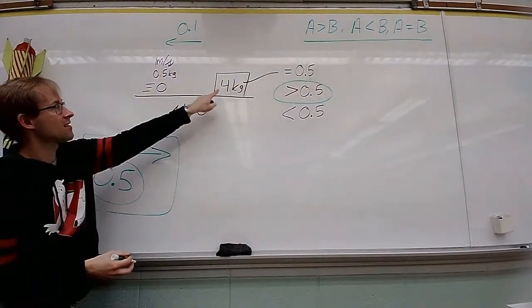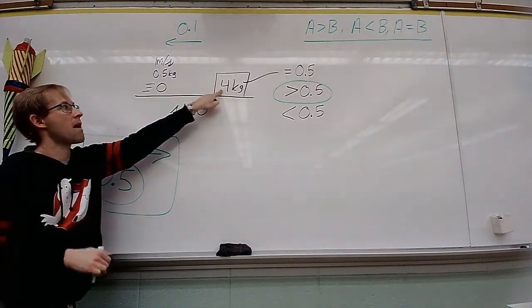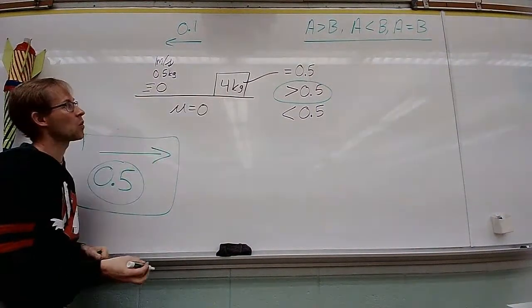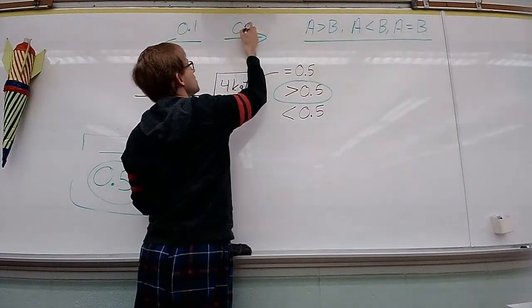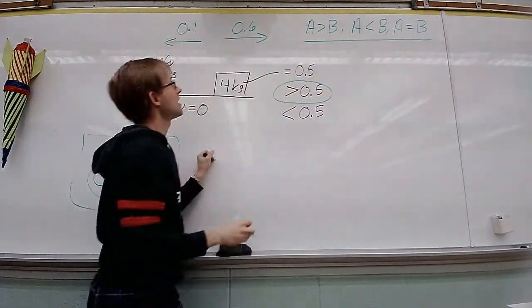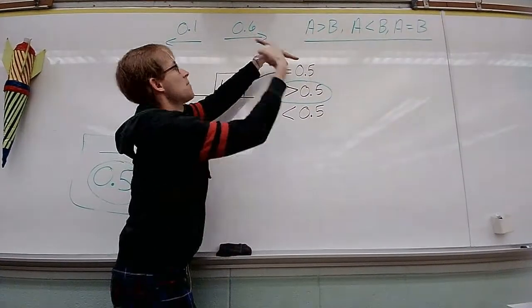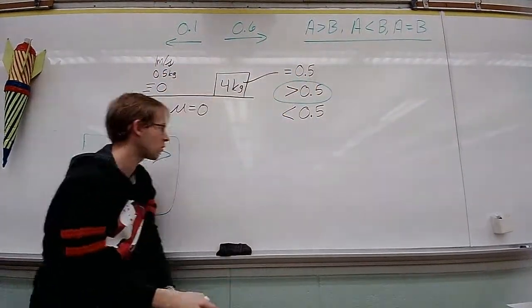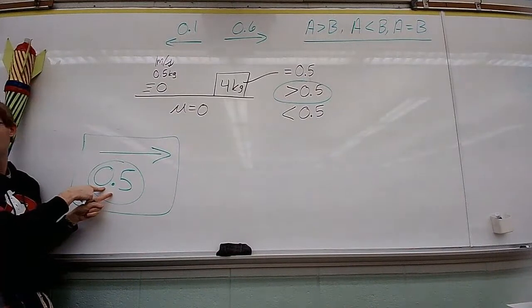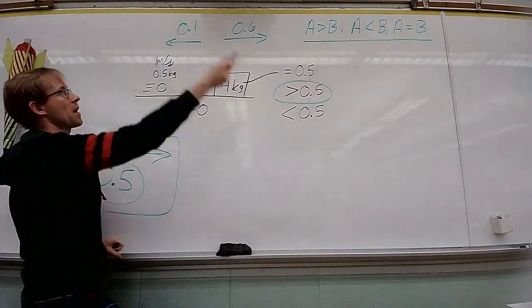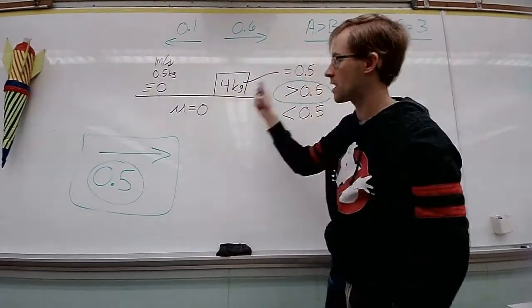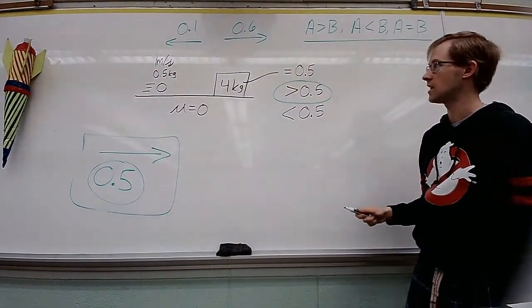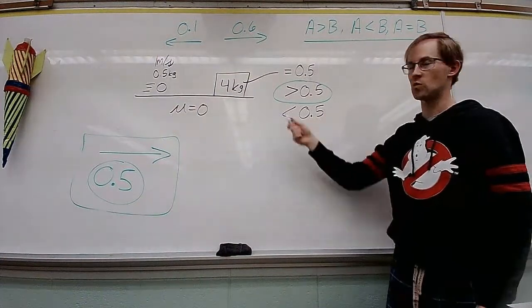That means this 4 kilogram mass after the collision would need to have a momentum of 0.6, because 0.6 minus 0.1 is equal to 0.5. The total momentum of both objects after the collision must be equal to 0.5 to the right. So that's the reasoning for that.